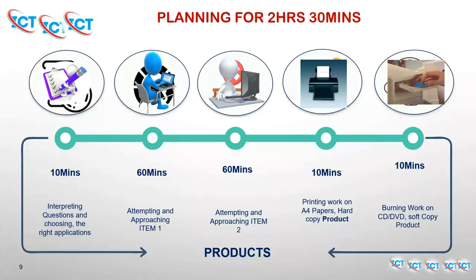So even after the 60 minutes, you can use 5 minutes to print that work. Then after 60 minutes of item 2, take 5 minutes to print that work. Then finally burn all your work on the CD. So that is the planning.